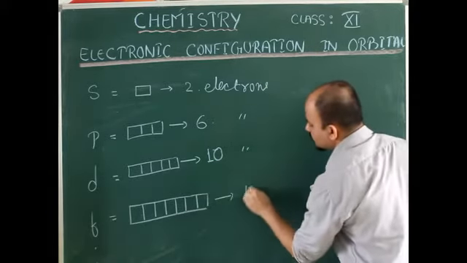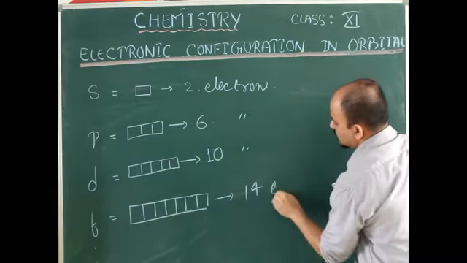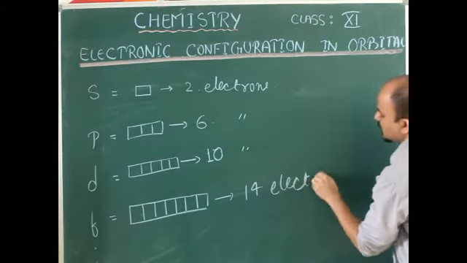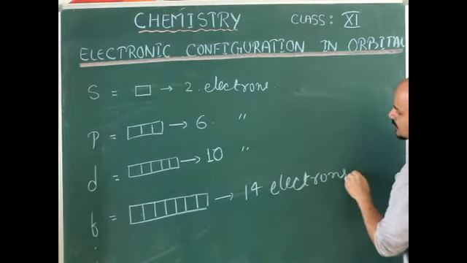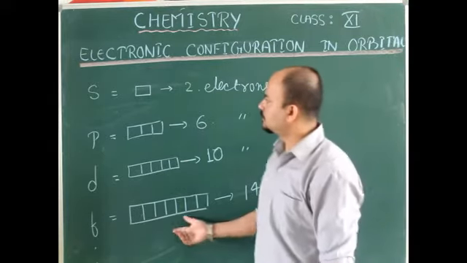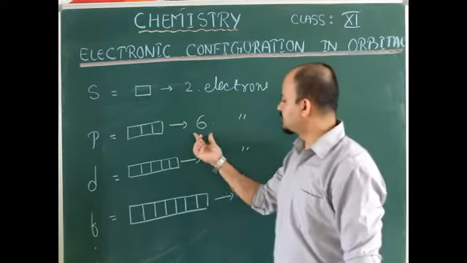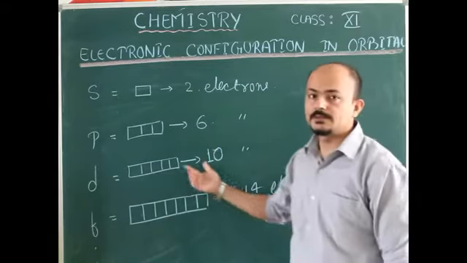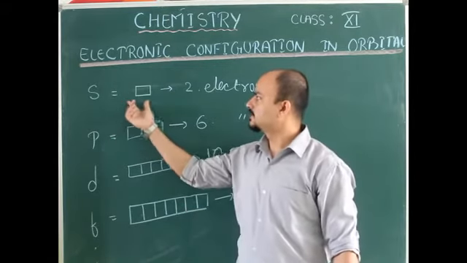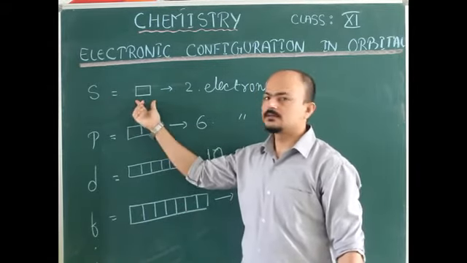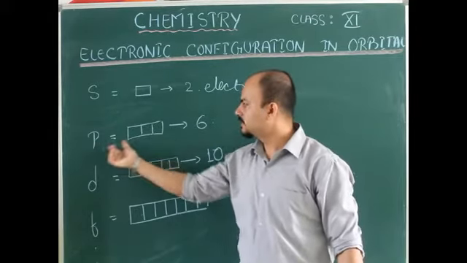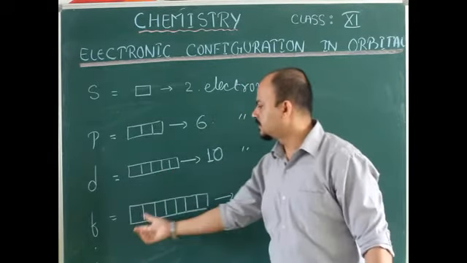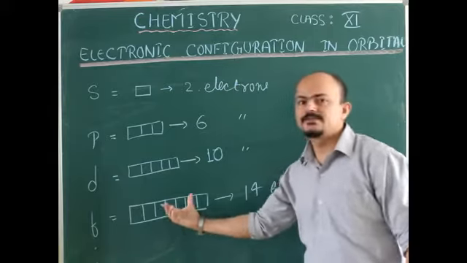Therefore, it can hold a maximum of 14 electrons in the f orbital. So 2, 6, 10, 14. You have to remember it. And don't forget, s has 1 orbital, p 3, d 5, and f has 7 rooms.